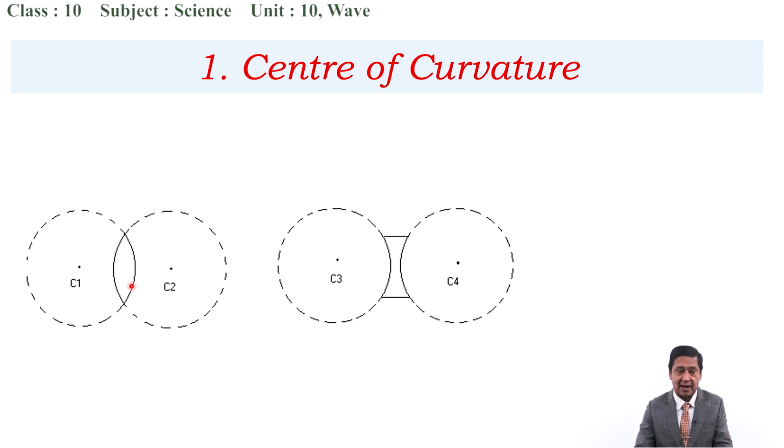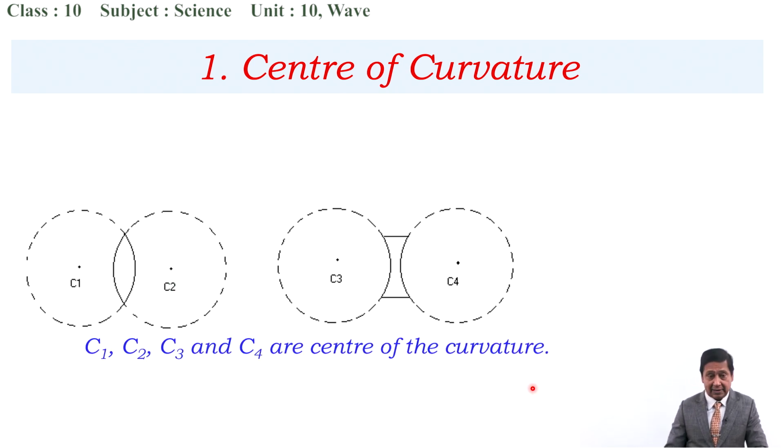We can consider that a convex lens is made by the combination of 2 different pieces of glass sphere this way, and this surface is formed by this center, and this surface by this center. That's why these are called centers of curvature.